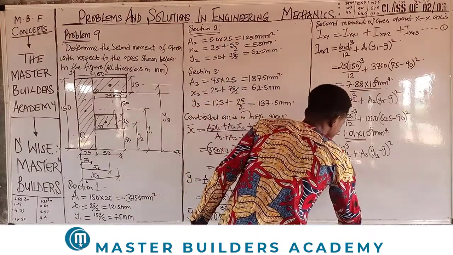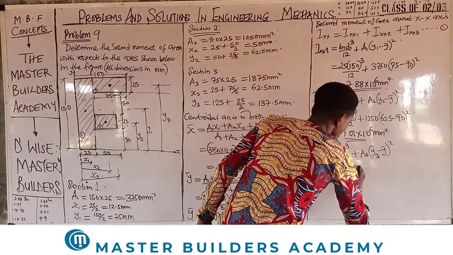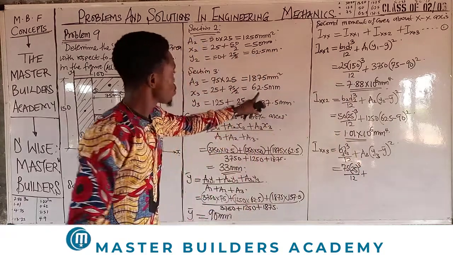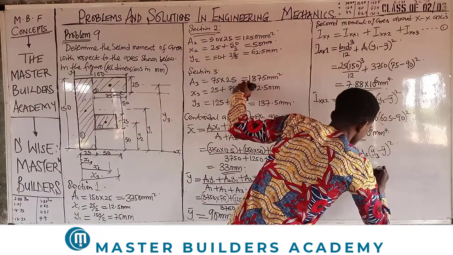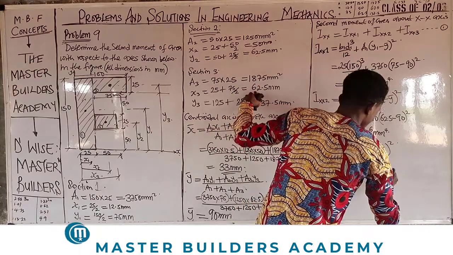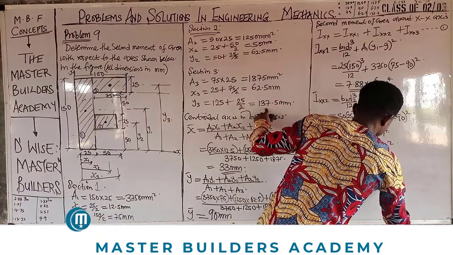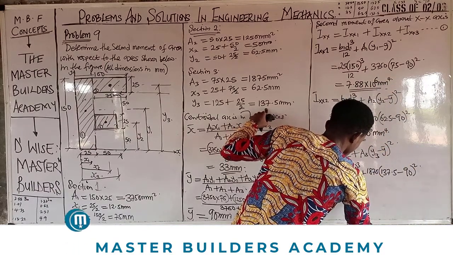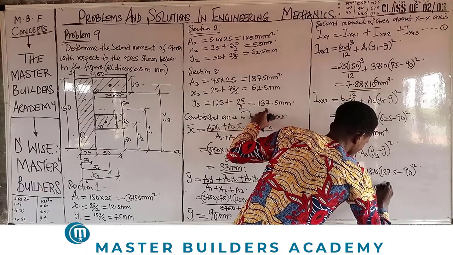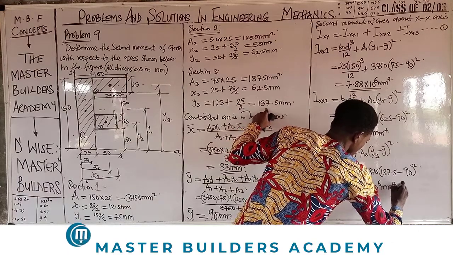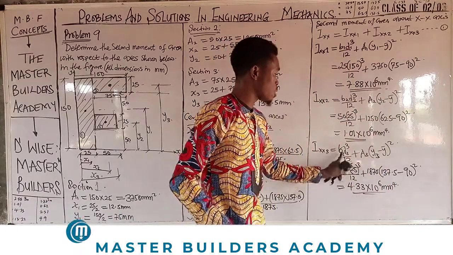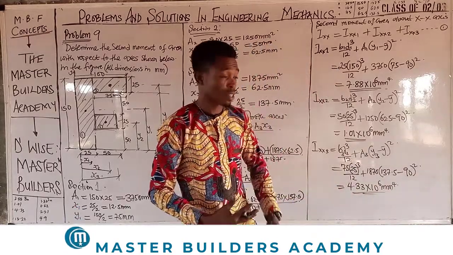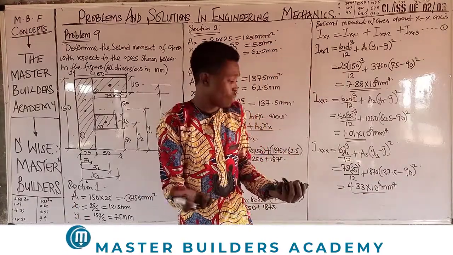So horizontal distance is 75 into 25 vertical distance cube over 12 plus area 3, 1875 multiplied by y3, 137.5 minus 90 all squared. By the time we calculate this will give us 4.33 times 10 to the power of 6 and to the power of 4. This is what you have. Remember that all these parameters were all taken from section 3, right? So when we simplify this with the help of our calculator, this becomes the final answer in standard form. So what do we do?